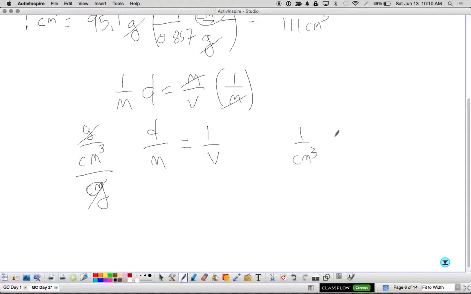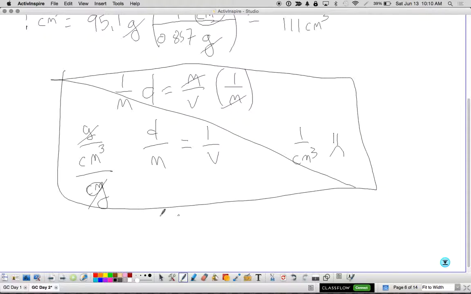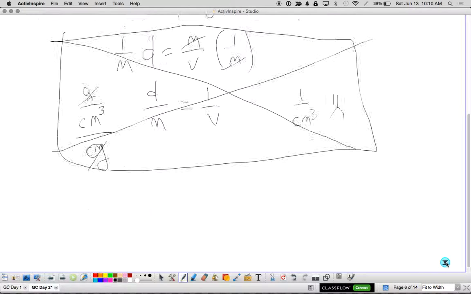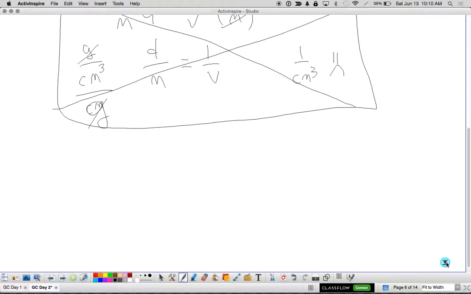That's not what we're looking for. So this whole setup here is just straight up wrong. When you isolate a variable, that variable needs to be in the numerator, not in the denominator.